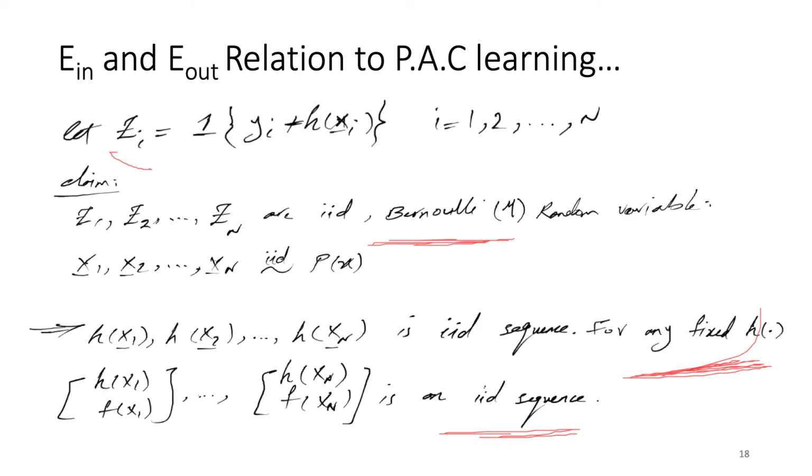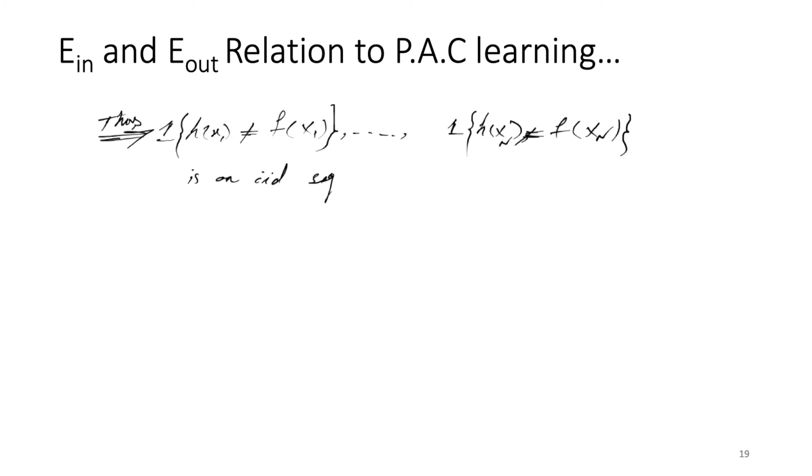So, claiming this, the indicator function that corresponds to the misclassification of any of those x's from x1 up to xn is also coming from an IID sequence.